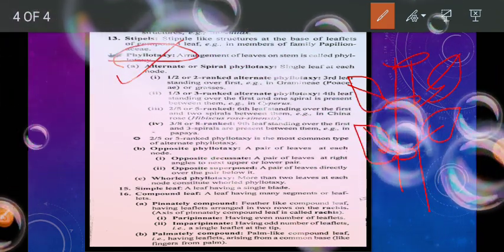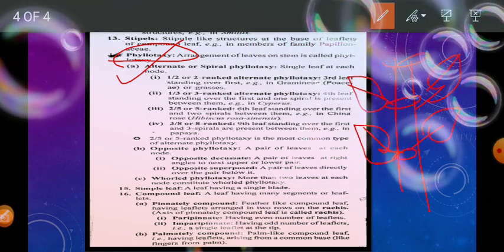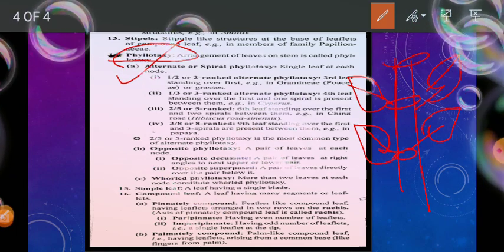Then half or two-ranked alternate phyllotaxy, where the third leaf stands over the first, as in the grasses, Poaceae. So you can see two-ranked, three-ranked, and five-ranked alternate arrangements.